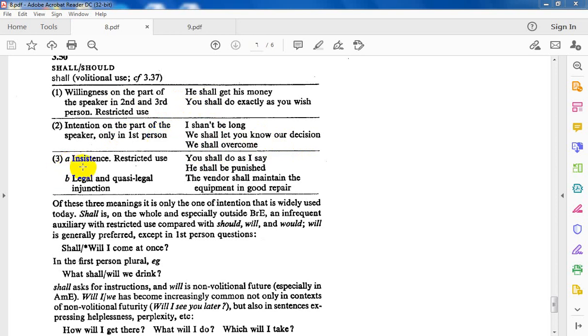The third one is insistence, which is a restricted use. Restricted use means it is restricted to this use. Insistence is for you, second person, and he, third person. You shall do as I say. He shall be punished.